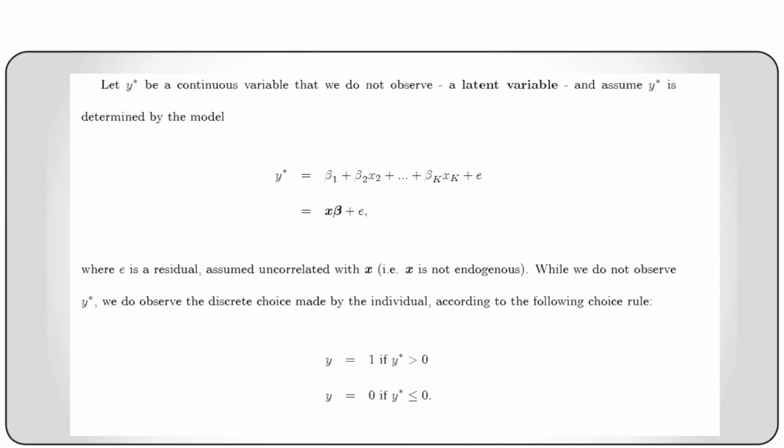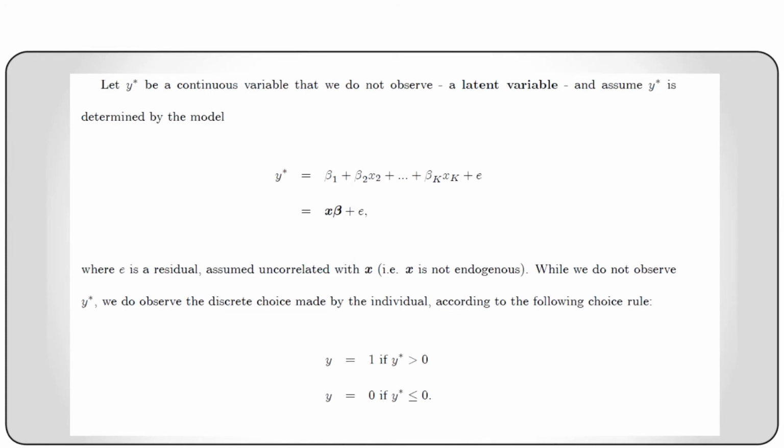So it has one systematic component which is explained by the covariates and one unexplained component which is the random error. Now, going through these calculations, you see that the probability of y equal to 1 is the probability of y star being positive, which is the probability of epsilon being greater than minus x prime beta.